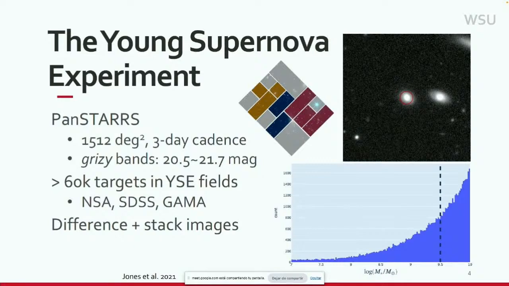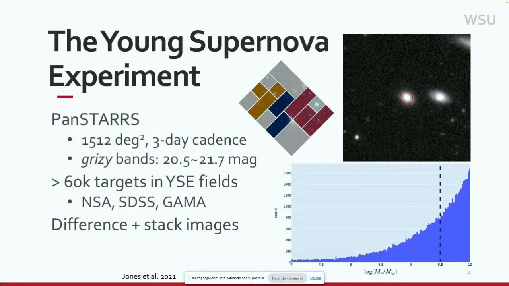Like I said, that makes it very conducive for the LSST Rubin Observatory, and as I mentioned, the Young Supernova Experiment. The Young Supernova Experiment uses data from the Pan-STARRS telescope, which have a fairly large sky viewing, and a 3-day cadence, which makes them, again, perfect for this time analysis.